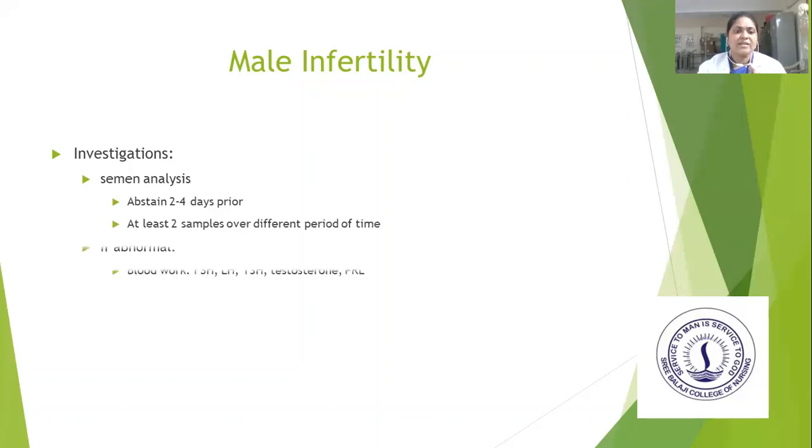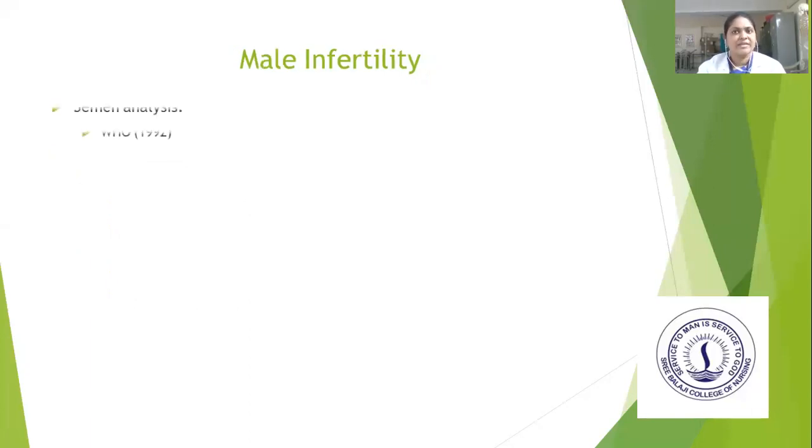We have to see the sperm count and sperm motility, and if abnormal, we go with FSH, LH, TSH, testosterone, and PRL, testicular scans, and chromosomal analysis to find the Klinefelter type of problem.